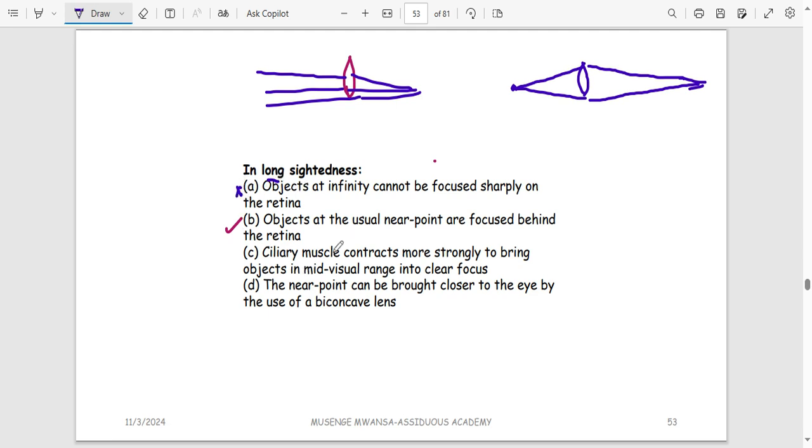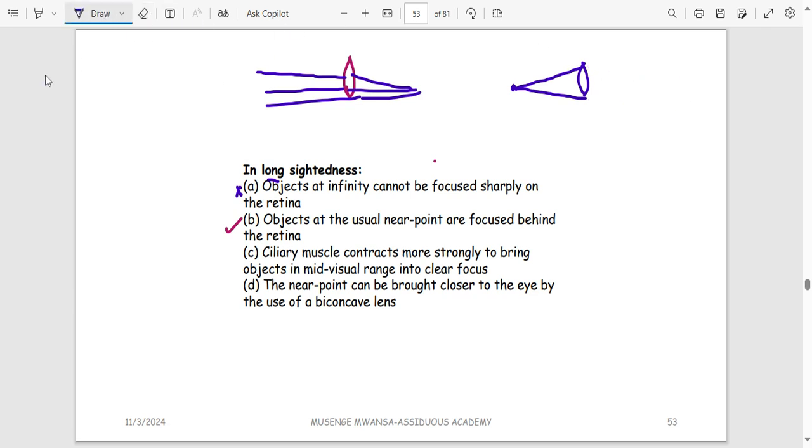And then, the ciliary muscle contracts more strongly to bring objects in mid visual range into clear focus. So in this problem, in long sightedness, you are not seeing what is near. So what should happen? You need to focus the object on the retina instead of behind the retina.